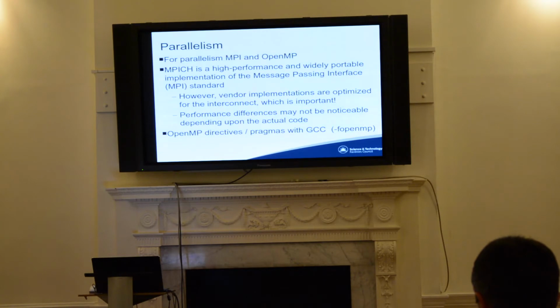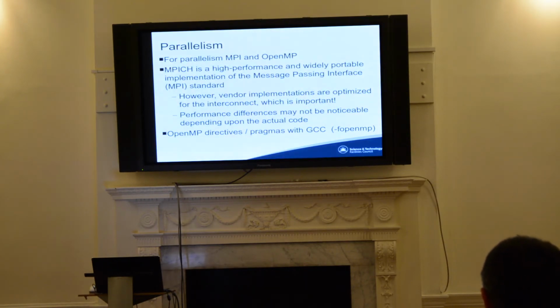And for communication between the distributed areas of data, you have to use some kind of message passing protocol. For that, the most common choice is MPI.